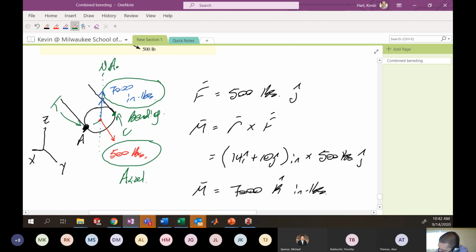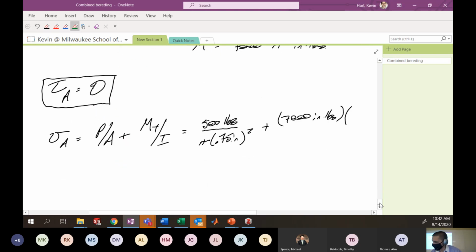So the distance y is this distance here, which is just the radial distance, 0.75 inches. This is over the area moment of inertia, which is pi over 4 times the radius to the fourth, 0.75 inches to the fourth.